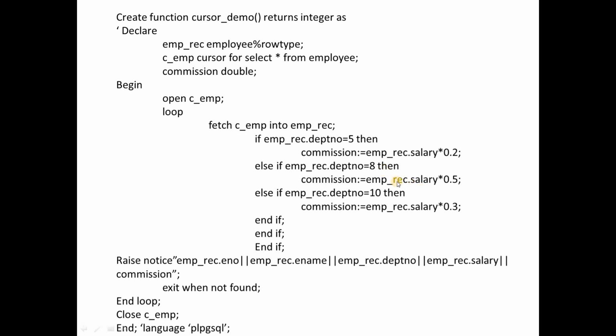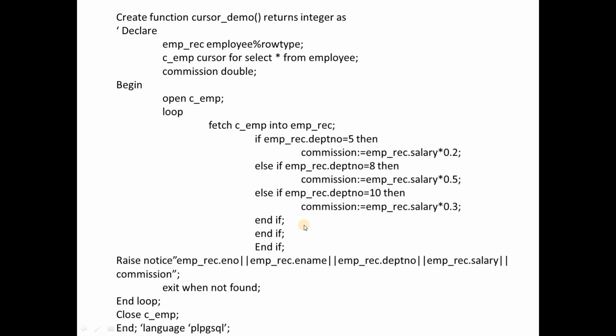Commission is calculated over your salary, and that's why we access the salary stored in that particular EMP record variable and multiply it by 0.5, that means 50% of that salary, and this is your commission.